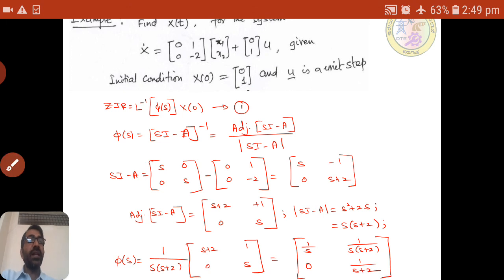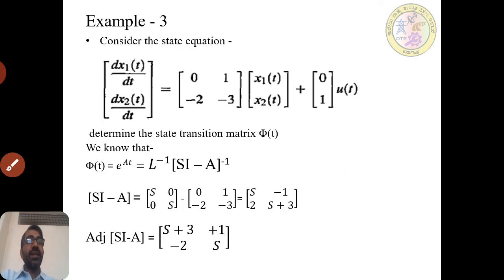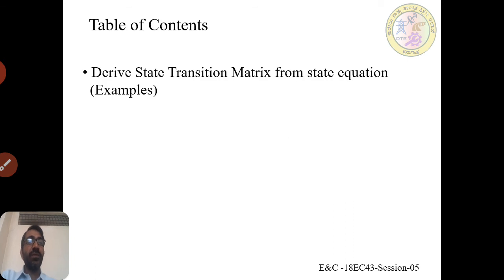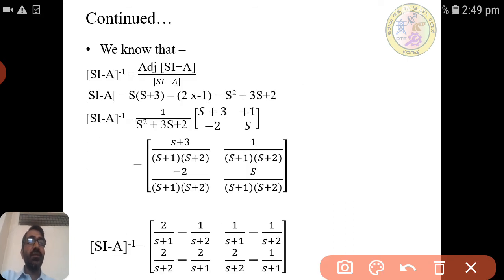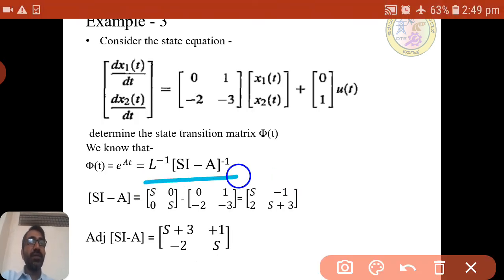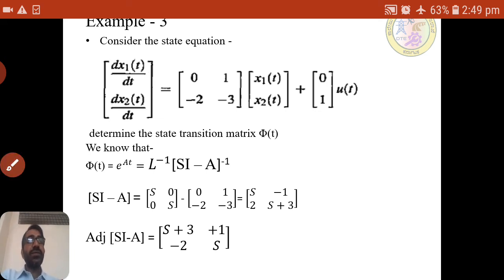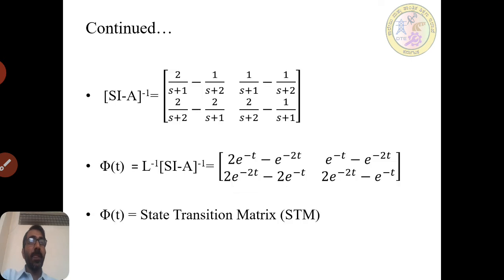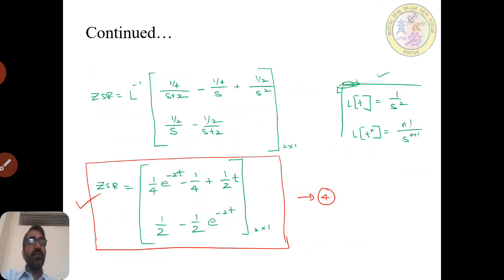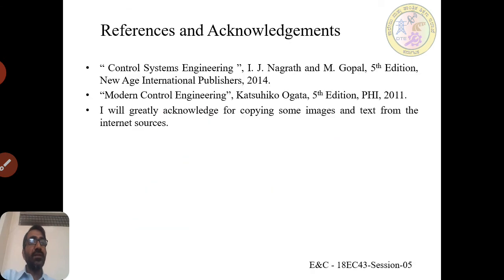If it is only A or A and B, then directly the Laplace inverse of (sI minus A) inverse is enough to calculate the state transition matrix, if there is no x of 0. So in these two sessions we have seen how to develop the STM for the given state equations. Totally, we have considered four problems here.